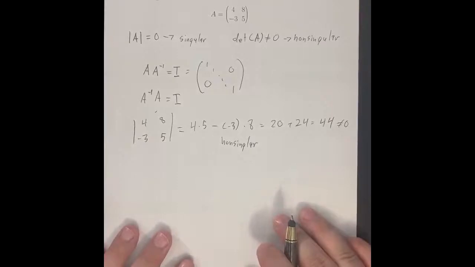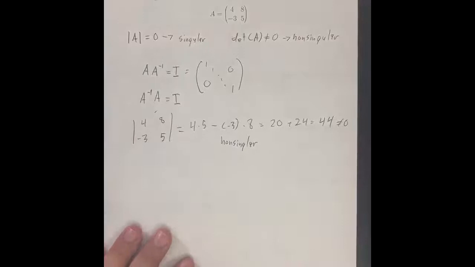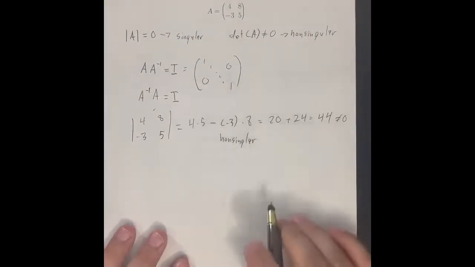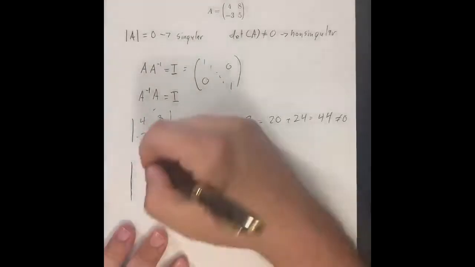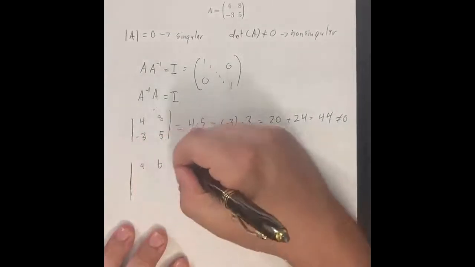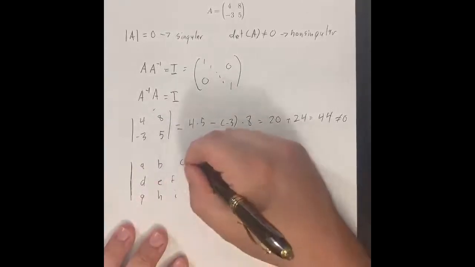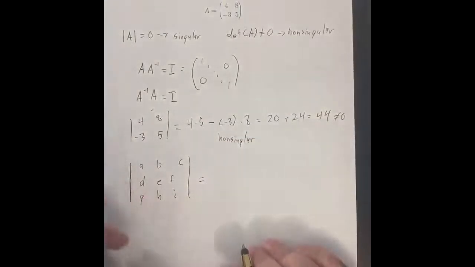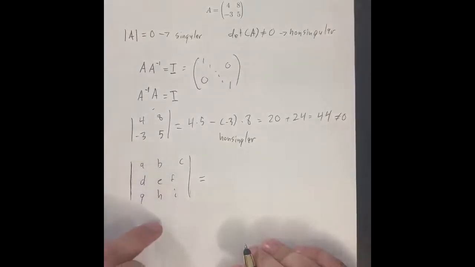Okay, so that's a pretty simple rule for the 2 by 2. How would you find the determinant of a bigger matrix? Well, there's a couple different ways. Let me first talk about the general way. In general, you have a bigger matrix. If you want to find the determinant of something like A, B, C, D, E, F, G, H, I, what we do is we go along a row or a column and we multiply by the determinant of a submatrix.